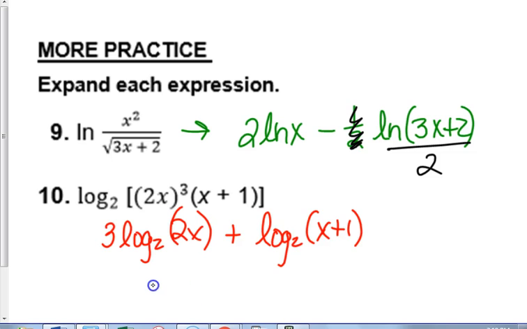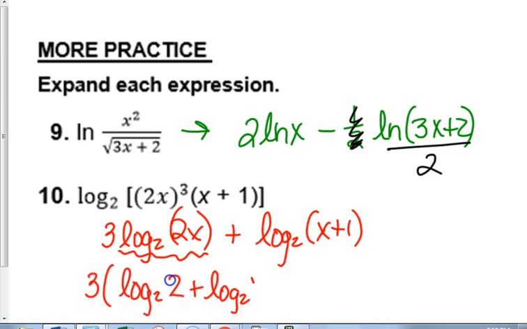Can we do something more, Tanner? We could separate this. The 2 and the x are multiplied, right? But that 3 applied to both. We could do log base 2 of 2 plus log base 2 of x.